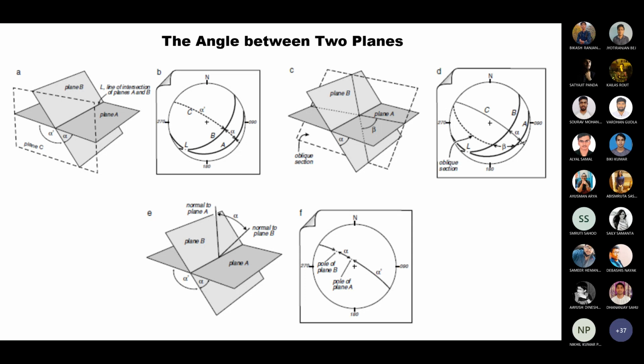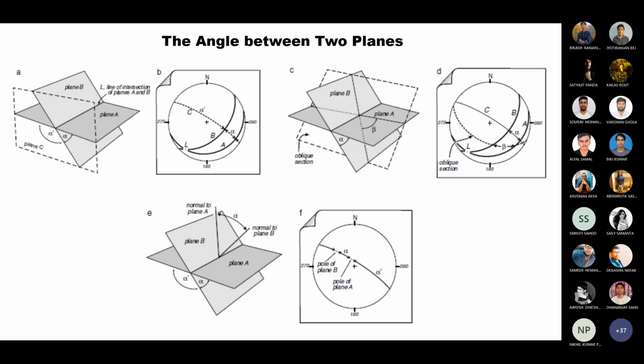So how to do that? You can use the method based on the great circles. What you have to do is plot both planes as great circles, and then label A and B as labeled in the picture.